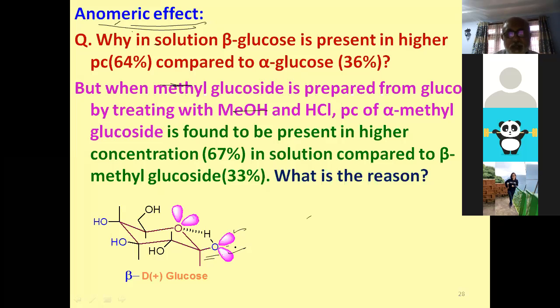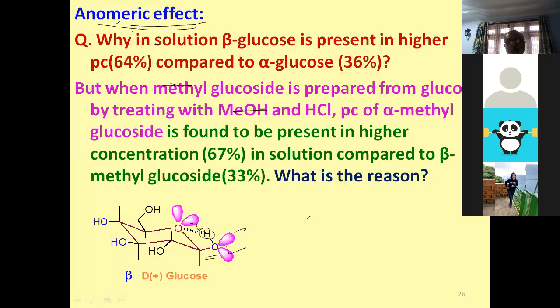These two lone pairs take this direction, not this side, because this hydrogen atom gets hydrogen bonded to this oxygen through this lone pair. Of course, this notation is not very correct. It should be through the lone pair of electrons. It comes here, the lone pair on oxygen and this hydrogen.